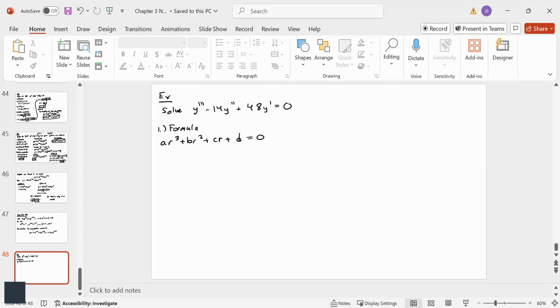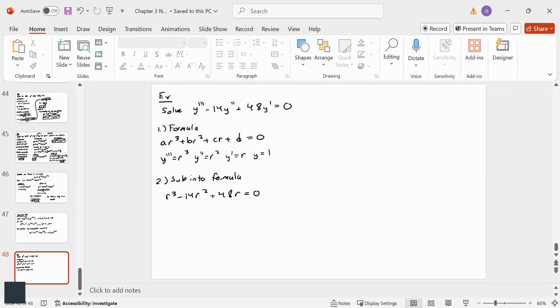And so y triple prime is equal to r cubed, y double prime is r squared, y prime is r, and then y is equal to 1. Just like that. And then step two is we're going to sub into the formula. So then we get r cubed minus 14 r squared plus 48 r equals 0.